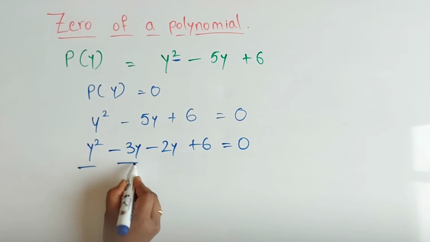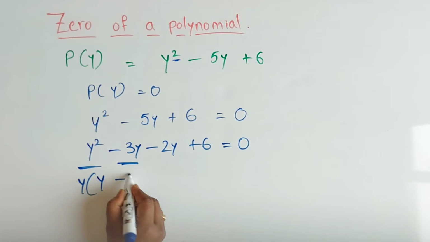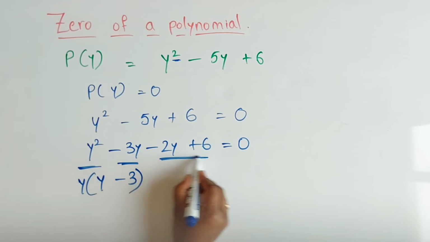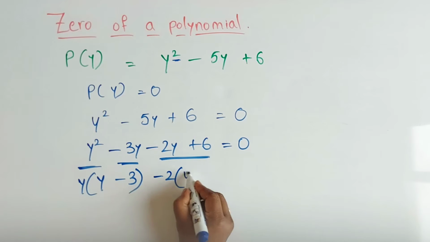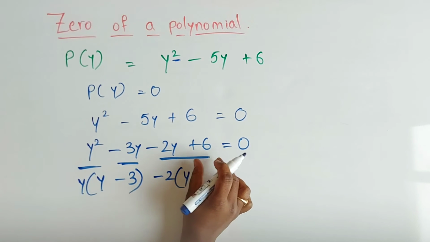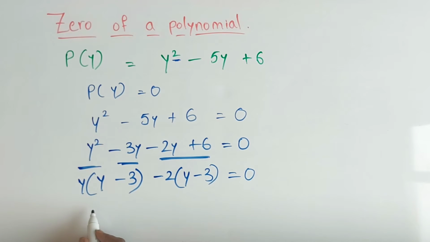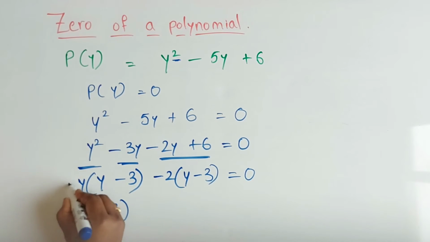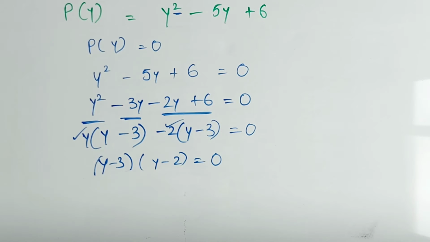Let's take y common in these two terms. If you take y common, outside means y minus 3 here. Now here minus 2 common. Correct? Y, and here taking minus 2 outside means minus 3 will be here. Correct, children? Now what are the terms after this calculation? y minus 3 into y minus 2 equal to 0.